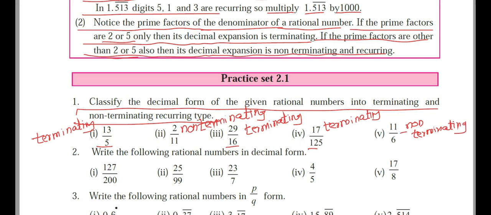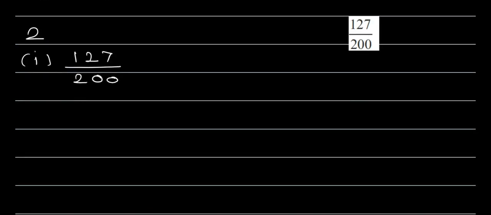Now let's see, write the following rational number in decimal form: 127 upon 200. Without division we can do it. 200 can be written as 2 into 100. So 127 upon 2 into 100.